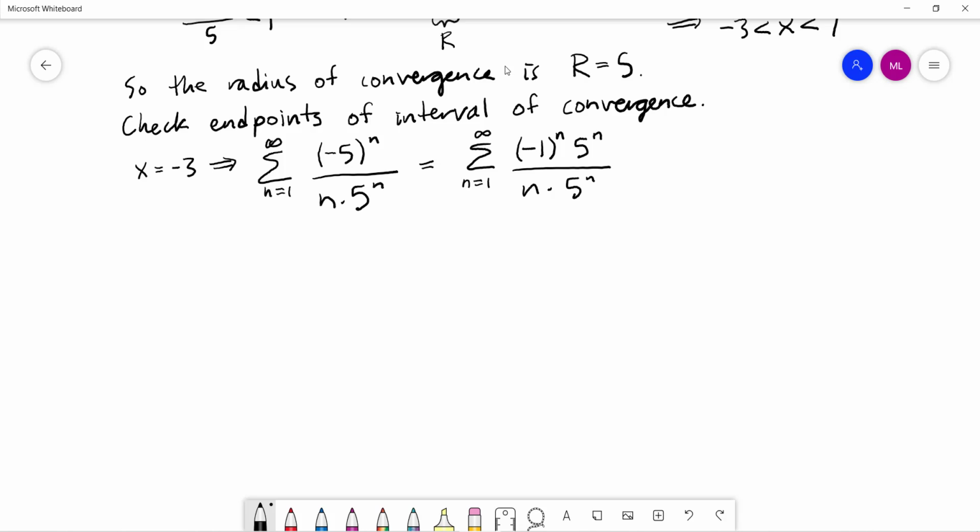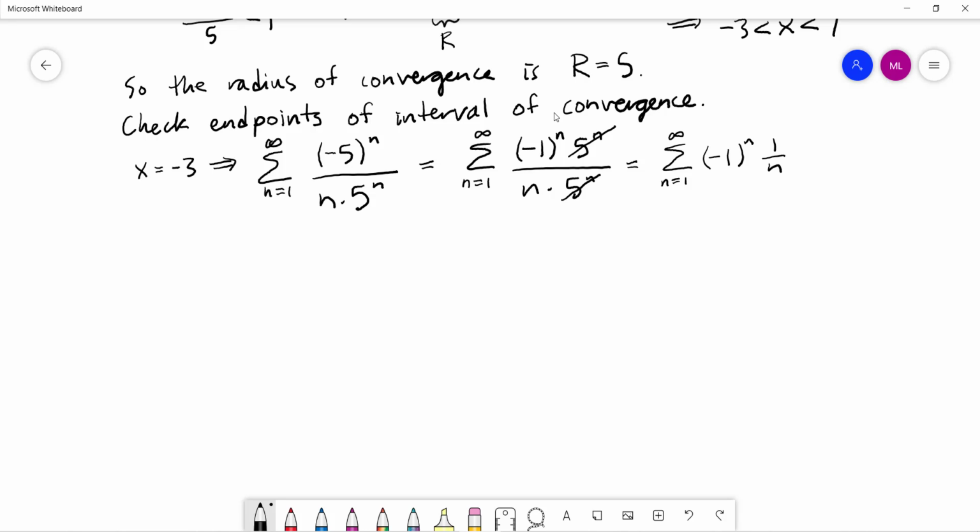And we get some nice cancellation here. I wind up with an alternating series that simply looks like this: negative 1 to the n times 1 over n.